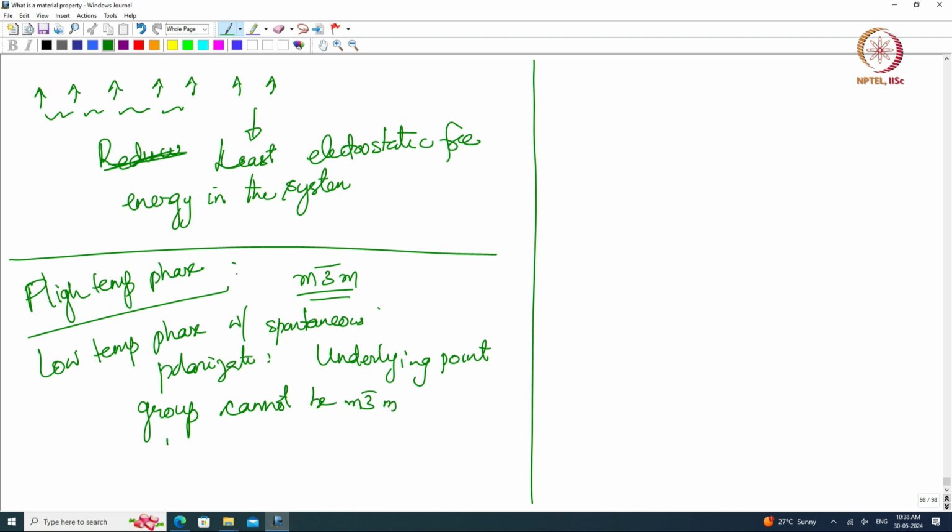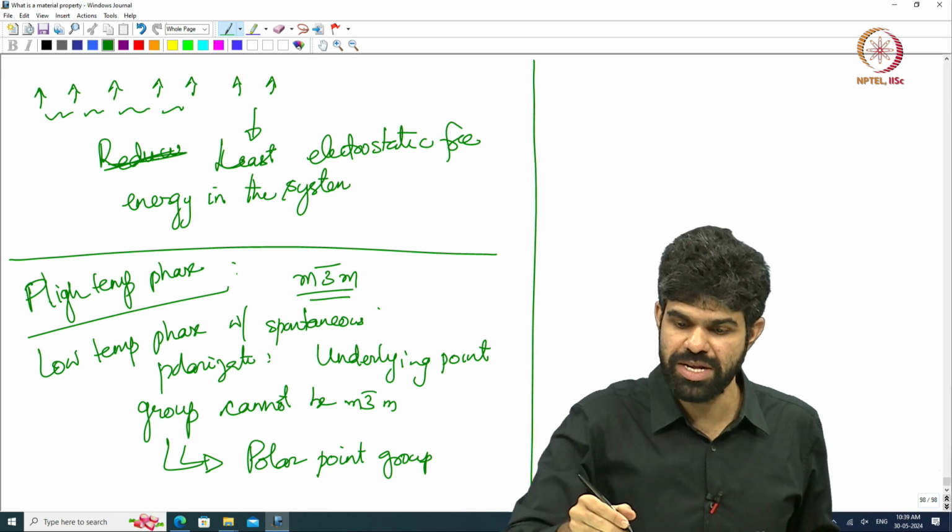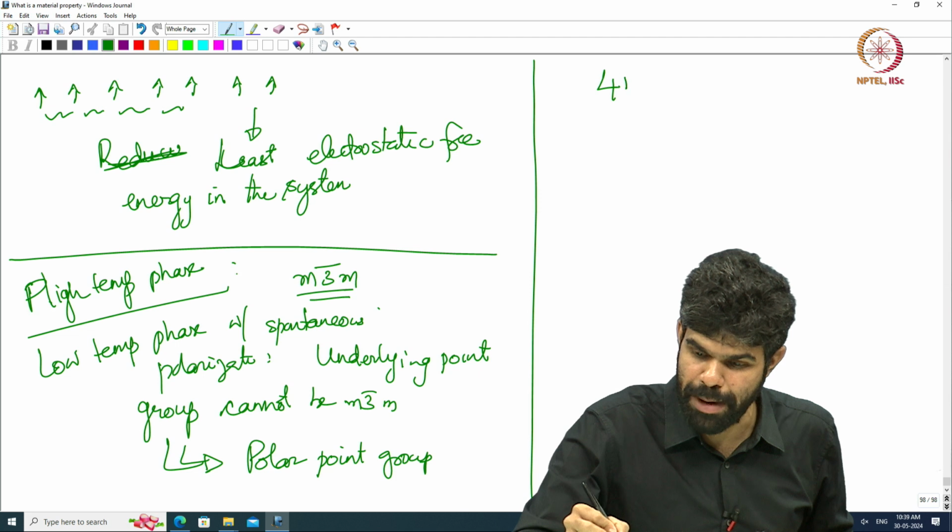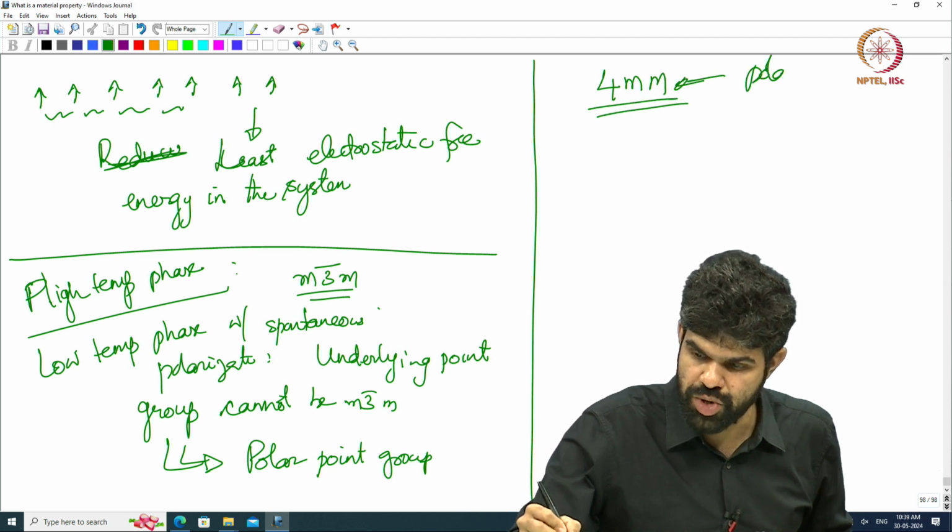Rather, it goes to what is called a polar point group. As you can see, if I am changing temperature, going from high temperature phase to low temperature phase, the symmetry also changes. It goes from a higher symmetry, the m3̄m which has more symmetry elements, to a lower symmetry polar point group. In the case of barium titanate, that point group is 4mm. So, 4mm is the polar point group that it goes to.